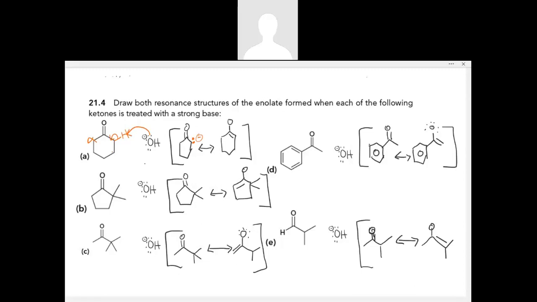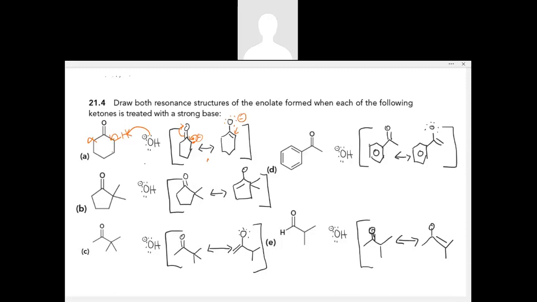But then through movement of that lone pair, we could form the pi bond seen here. And then we'll kick some of those electrons up from that carbonyl onto the oxygen. So we're going to end up with 3 lone pairs and now a negative charge on this oxygen here, after we do those 2 movements of electrons from the first resonance structure.